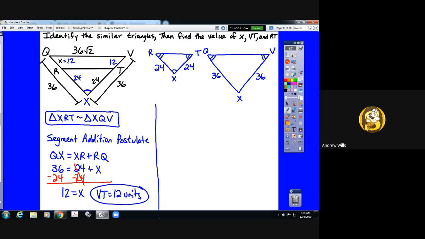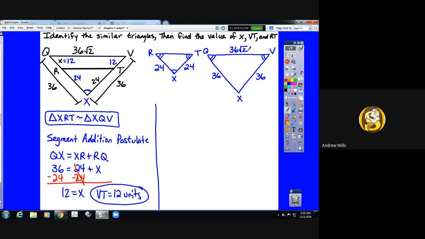You'll notice that QV is listed as being 36 times the square root of 2 units. Now, you've all taken Algebra 1, so radicals should not scare you, but they probably still do a little bit because you're not 100% comfortable with them. 36 times the square root of 2 is just a number. It is just a real number. It's not anything that should terrify us.